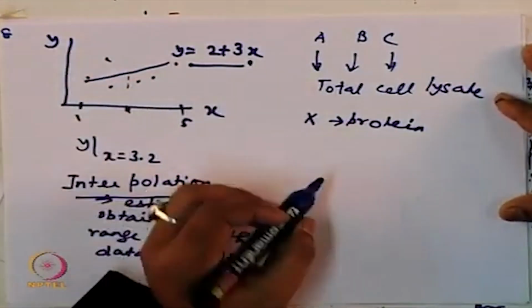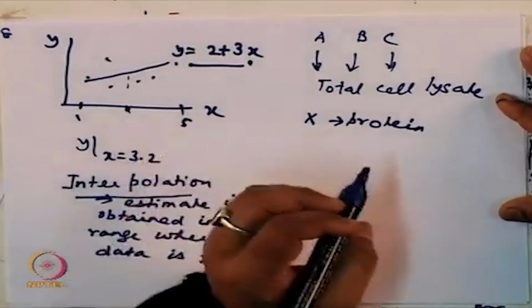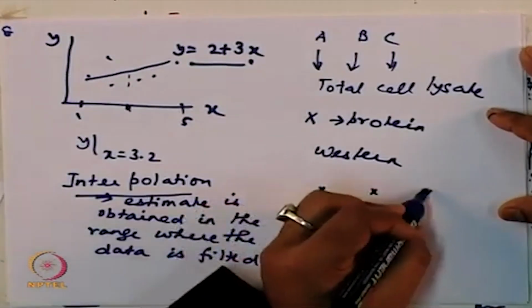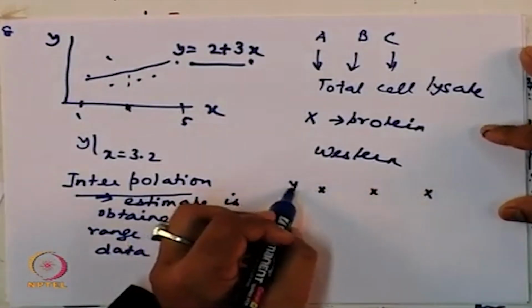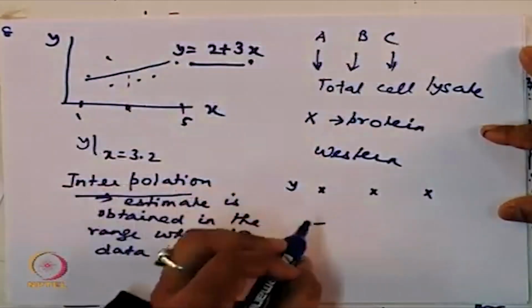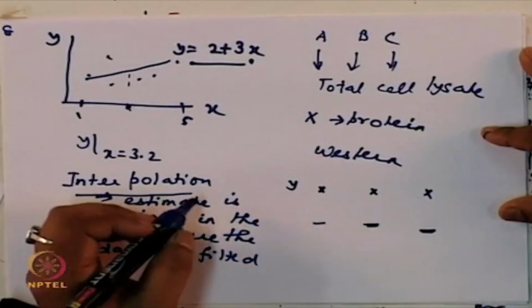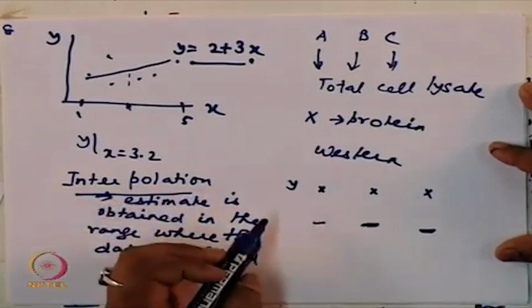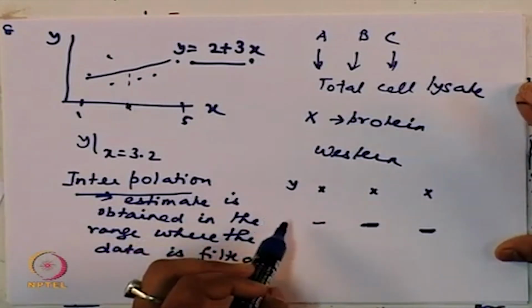So, what I need to do, as a first step, if I want to run a western, is load total protein Y, let us say, of each sample A, B, C, and then get some bands in electrophoresis using PAGE. I want to develop these bands and ask how the expression profile varies.